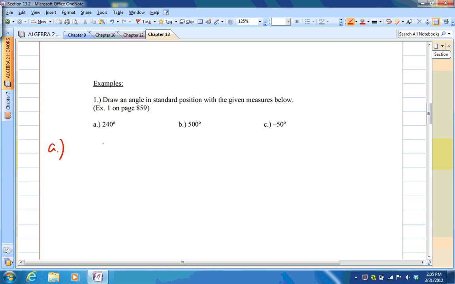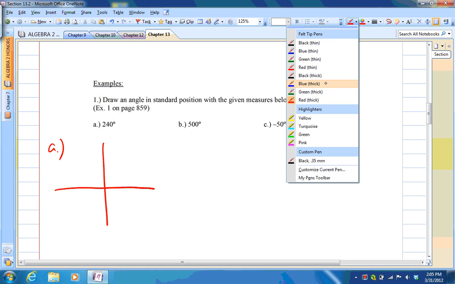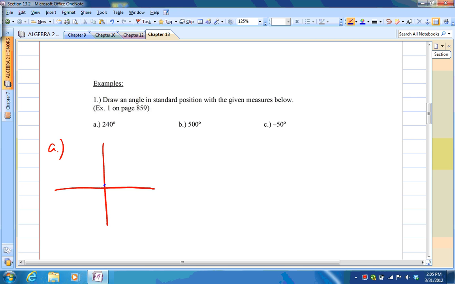So for A, excuse me. So we draw a coordinate plane, and say I use blue. Start at the origin, draw over the positive x-axis, and rotate 240 degrees. So that's 90. That's 180. 240, probably stop right there, because if I went to the negative y-axis, then I've gone 270 degrees. And that's it.